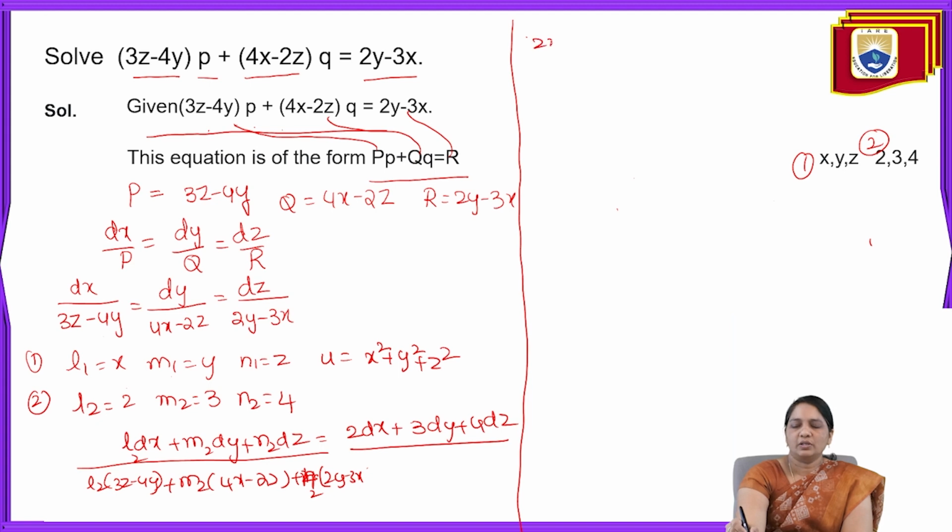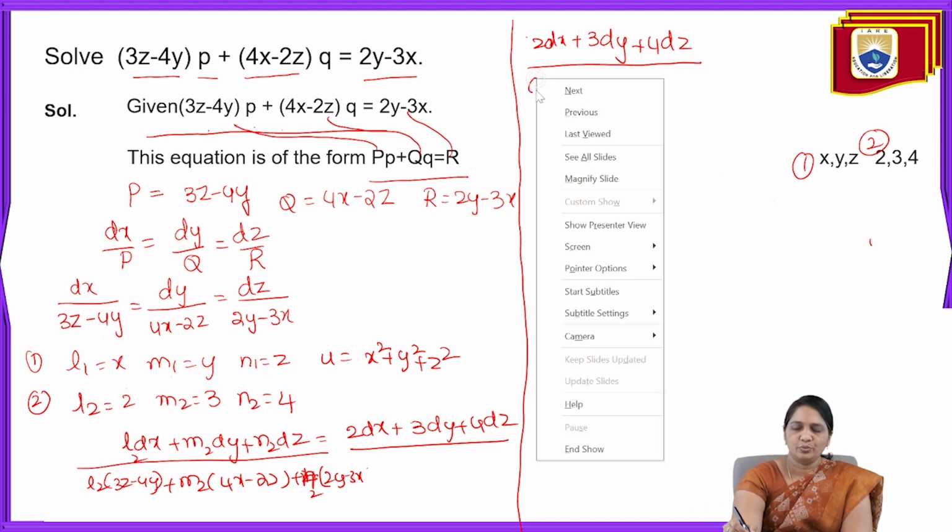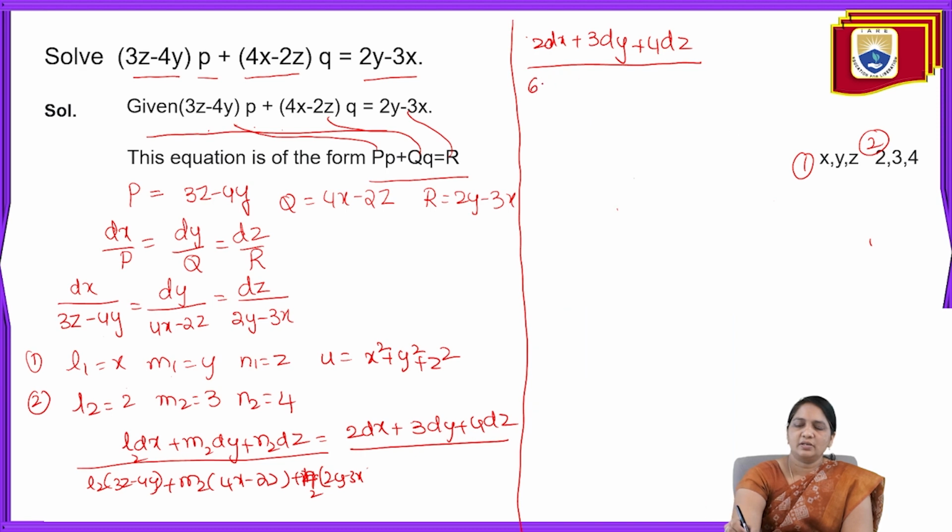So 2 dx plus 3 dy plus 4 dz by, here L2 is 2, so 3 into 2, that is 6z, 6z minus 4 into 2, that is 8y, plus here 2, here 3, here 4.